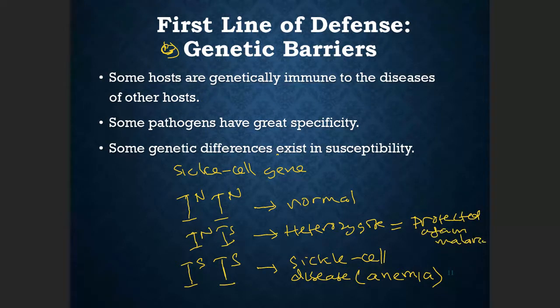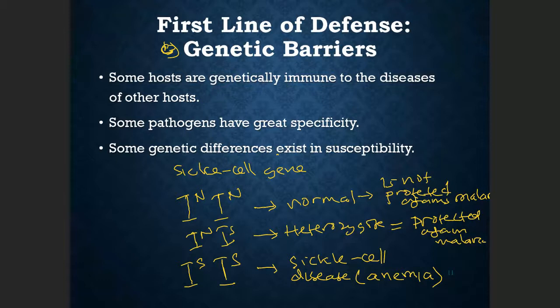So people that have the normal gene are usually not protected against malaria, so they will maybe die because of the malaria.